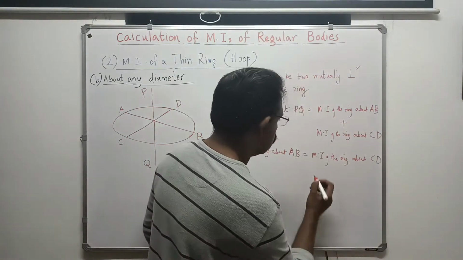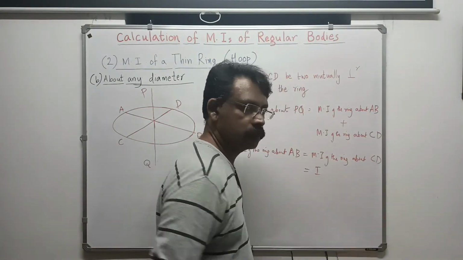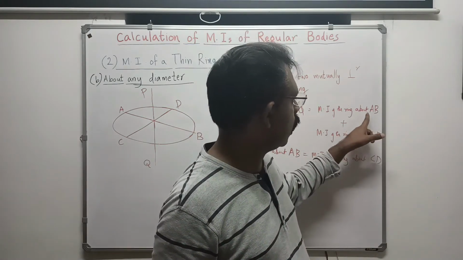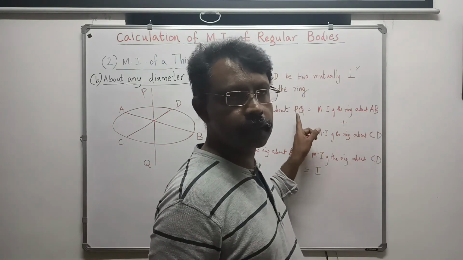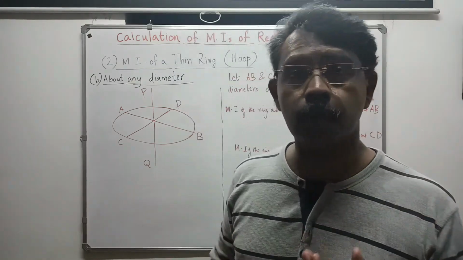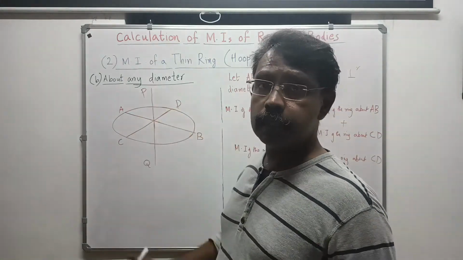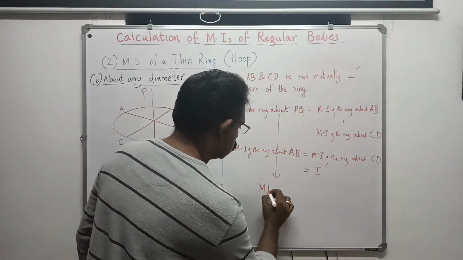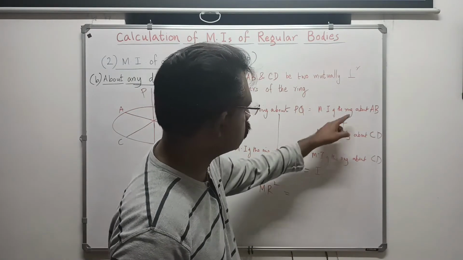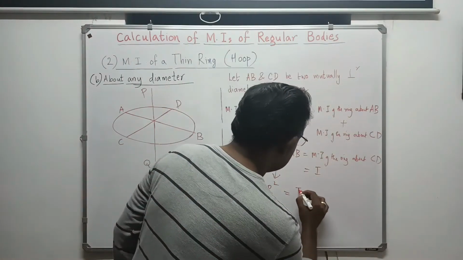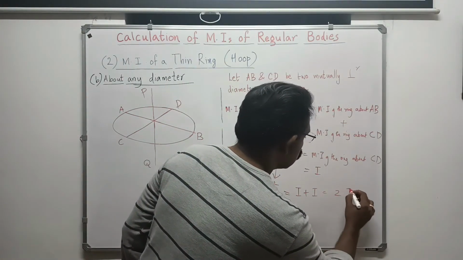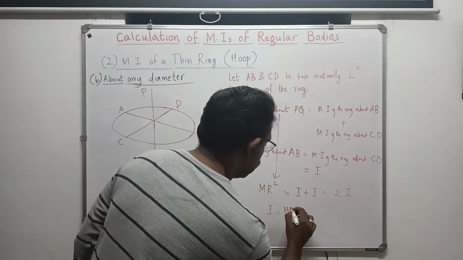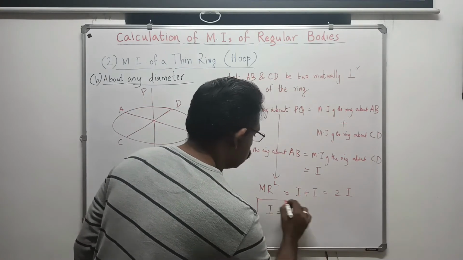So let it be I. This is also I. If you sum I plus I, you should get this one. The moment of inertia of the ring about PQ, we have already found out, is MR squared. So I can write MR squared is equal to I plus I, that is equal to 2I. And this I is equal to MR squared by 2. So this is what we are getting.